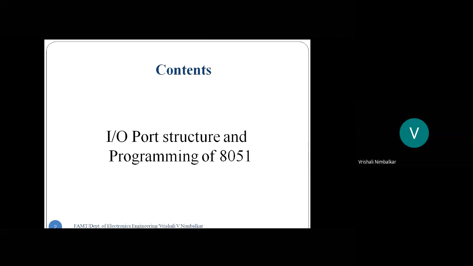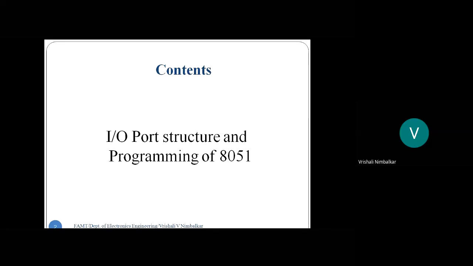So what all peripherals do we have inside the 8051 microcontroller? 4 ports. Then there are 2 timer peripherals, timer 0, timer 1. Then there is one serial peripheral, serial communication. And there is an interrupt peripheral. So these are called peripheral circuits, right?